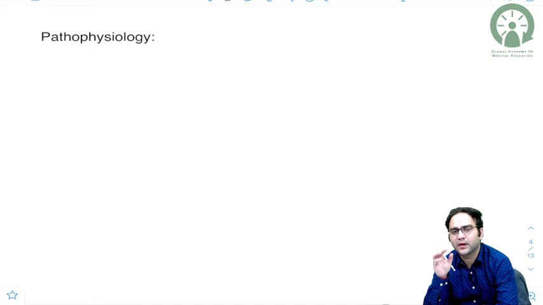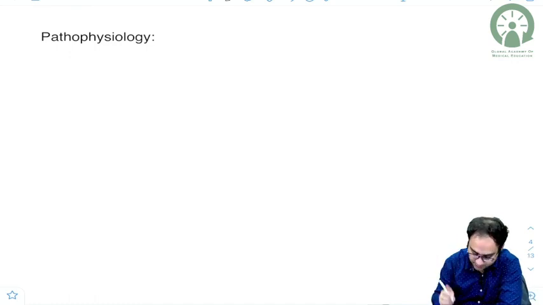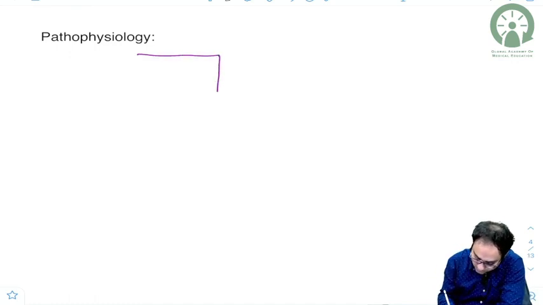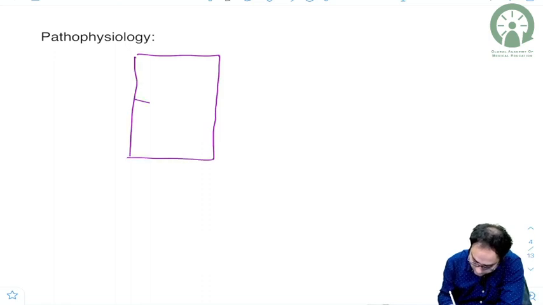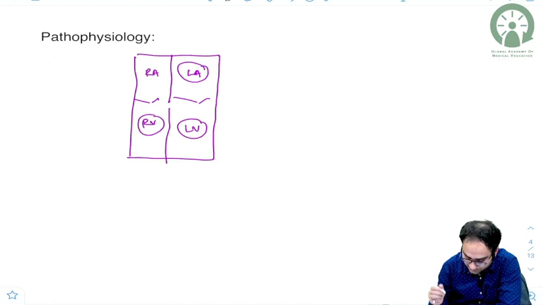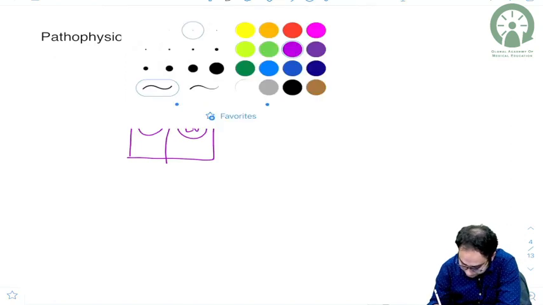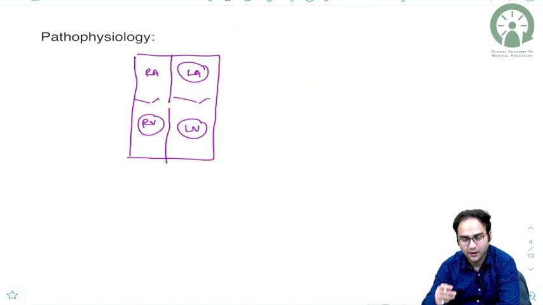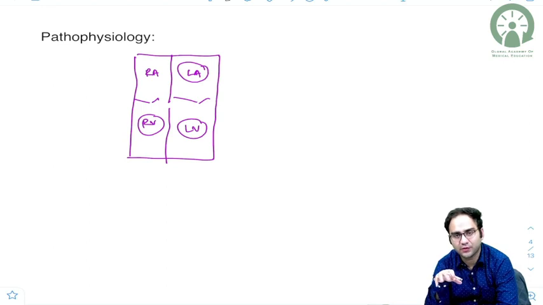So what is the pathophysiology of mitral stenosis? To understand any valvular pathophysiology, the best thing is to form a box diagram. This is the left atrium, this is the left ventricle, this is the right atrium and ventricle, and these are the valves. The left atrium pushes blood into the left ventricle.